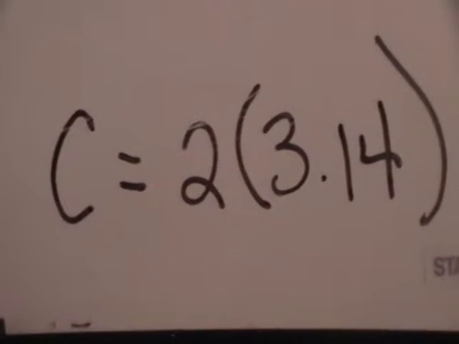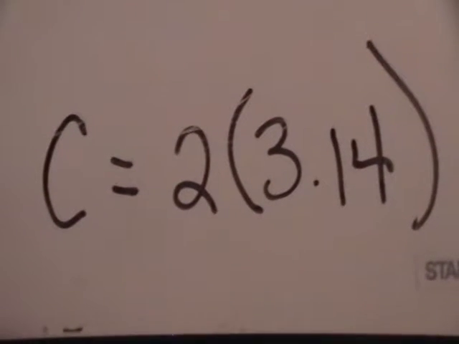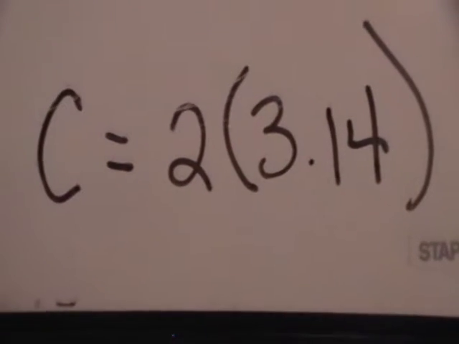To find area in a circle, area equals pi again, which is 3.14, times r squared. So we are going to be doing something a little bit different. We're going to square the radius.